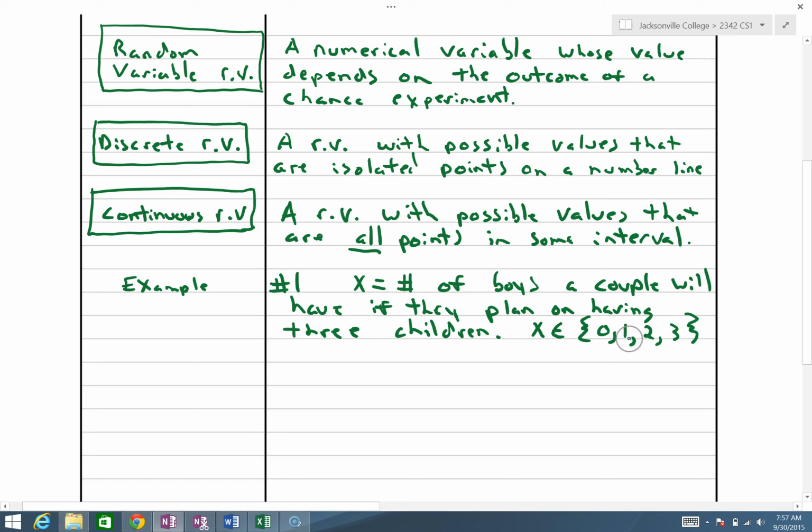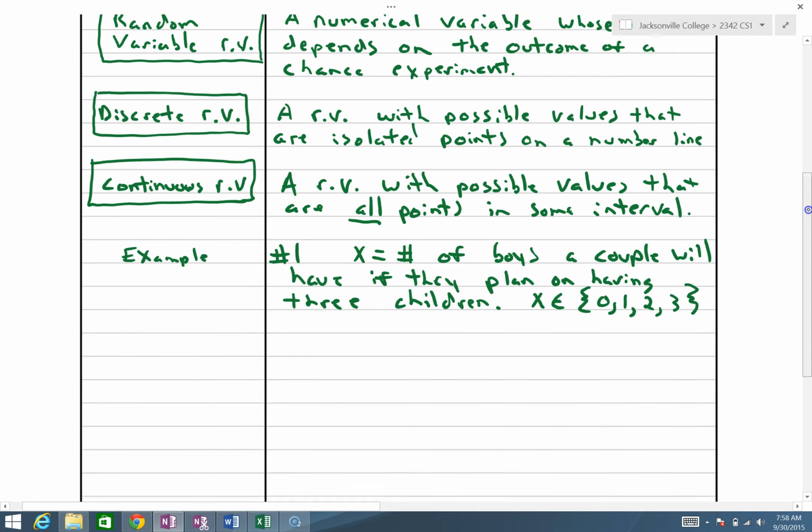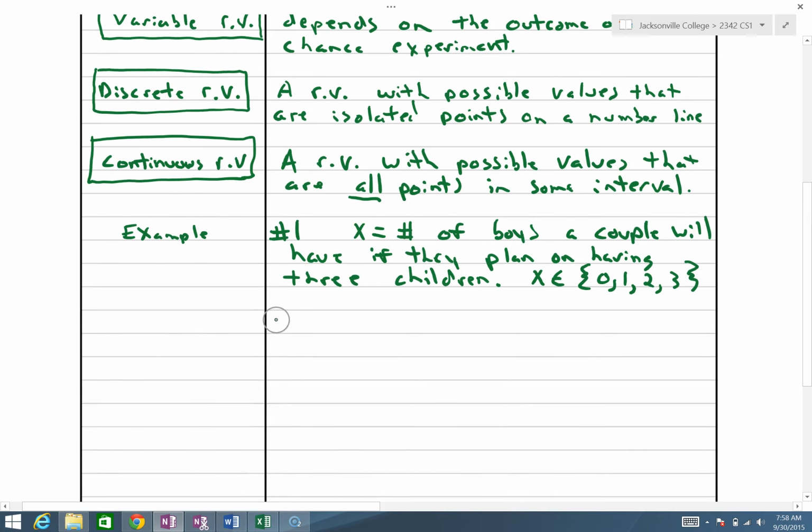And these are distinct points on the number line. All right. Number 2. This situation is discrete here. Number 1 is discrete.